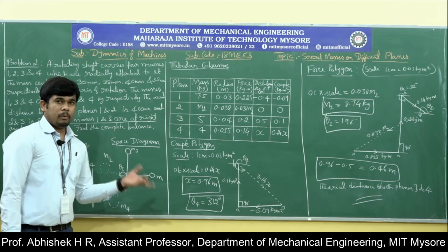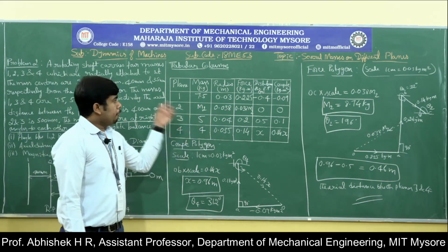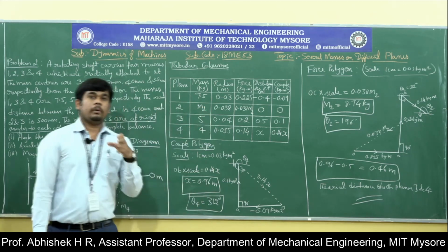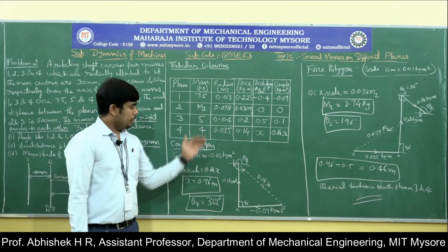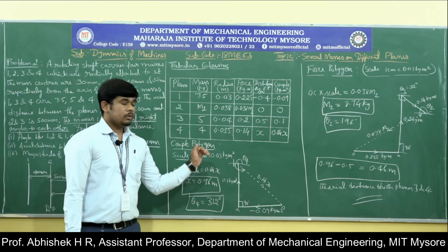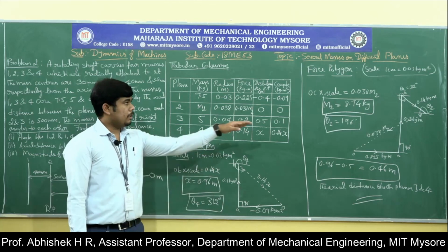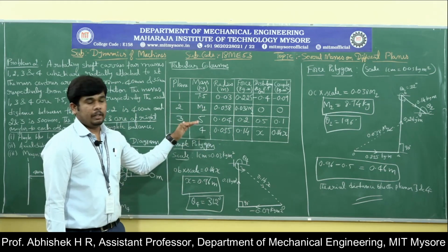From the space diagram you will get to know the angular positions of the planes. Then construct a table. If you construct a table you can solve the problem easily, because from the table we are going to construct the couple polygon as well as the force polygon. So the tabular column is important.